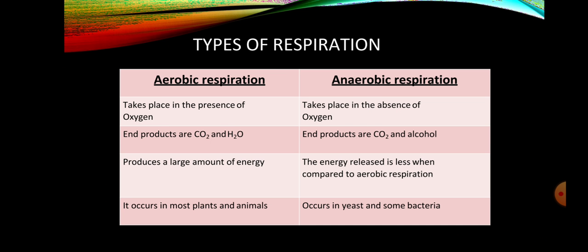And aerobic respiration produces a large amount of energy, whereas the anaerobic respiration produces energy but comparatively less. And the aerobic respiration occurs in most of the plants and animals, whereas the anaerobic respiration occurs in yeast and some bacteria.